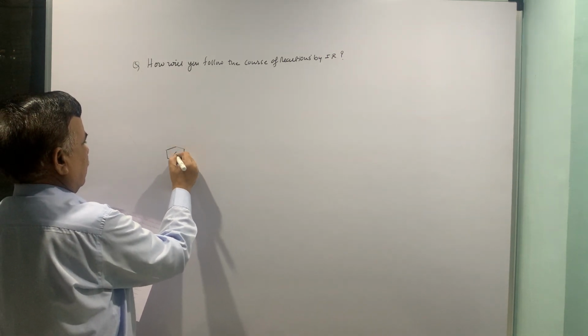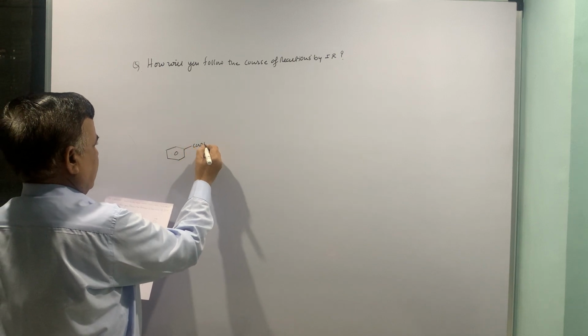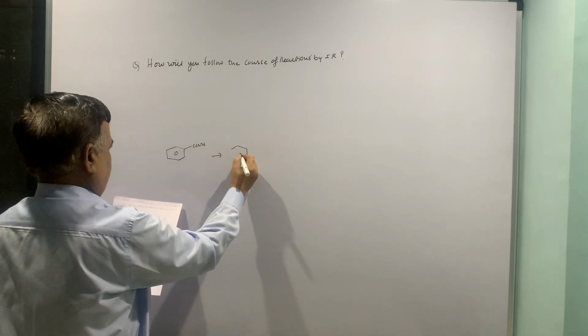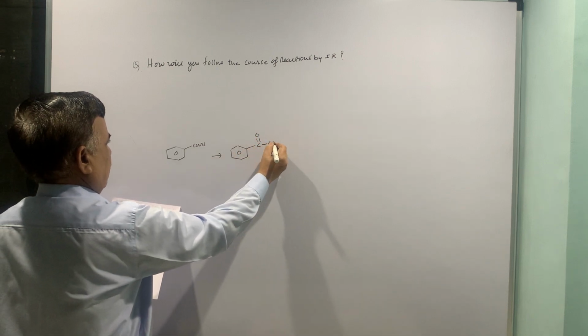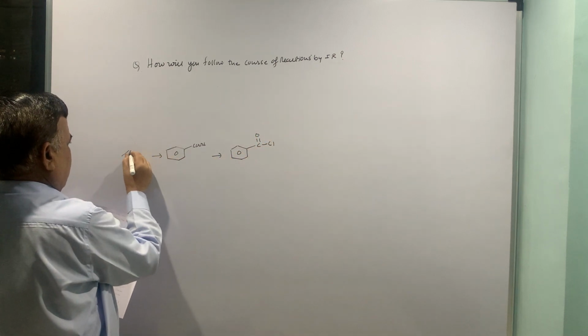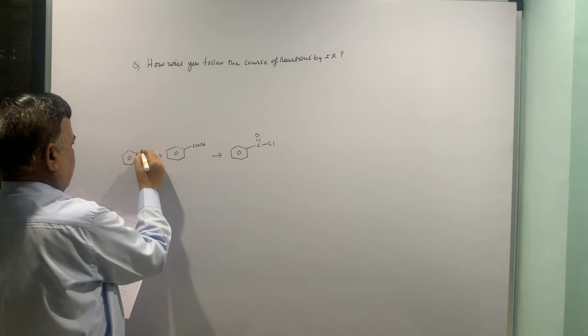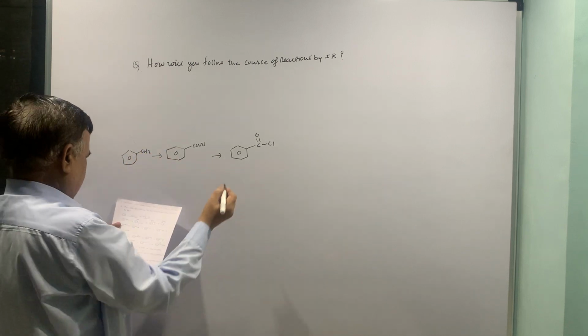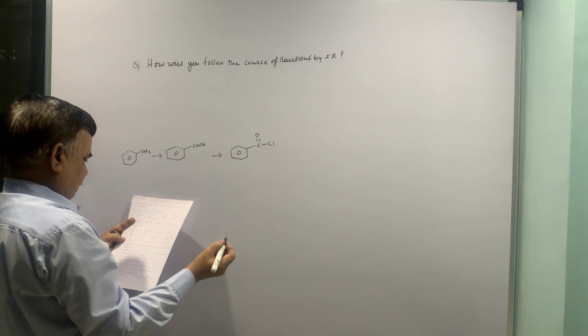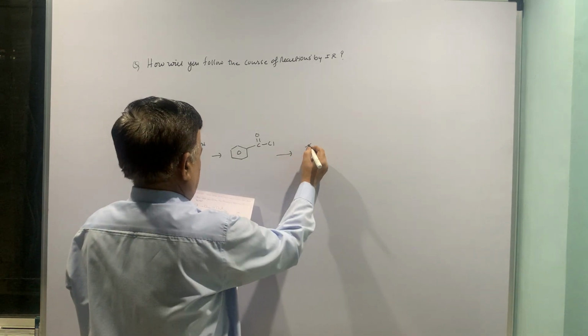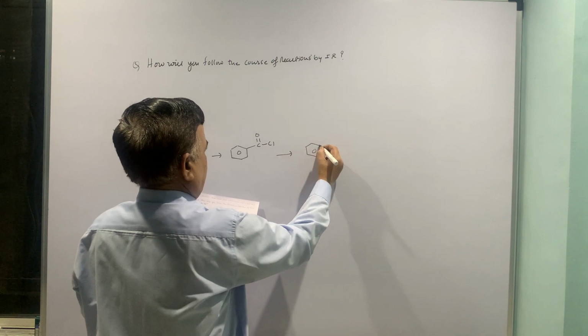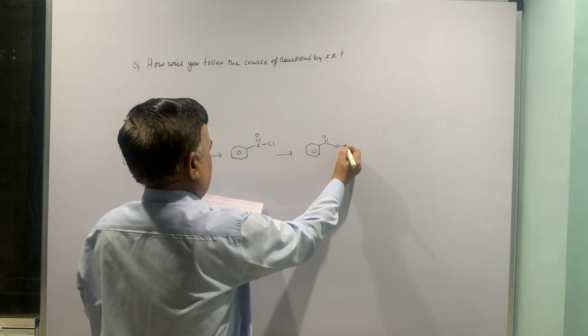Maybe next example, benzoic acid, benzoyl chloride. In fact, they are starting with toluene. So let me put toluene first. Toluene, benzoic acid, benzoyl chloride. Then once again esterification. Now this ester is different.